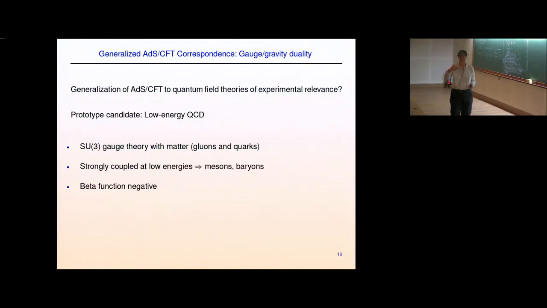To actually get closer to this, we will have to add quite a lot to the original AdS/CFT correspondence. But let me first explain the original AdS/CFT correspondence and come to this question of why we can't prove it. Once we understand that, we see a few knobs which we can turn to get closer. We can certainly get a negative beta function. We can study mesons, partially also baryons, but one thing we can't do is get to this SU(3) gauge theory. I told you that our original theory was an SU(N) theory, and N goes to infinity.